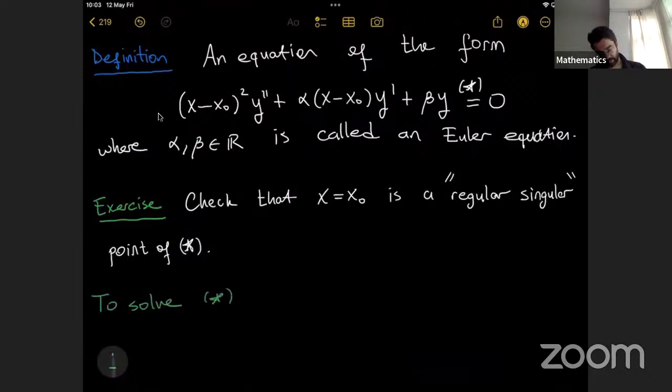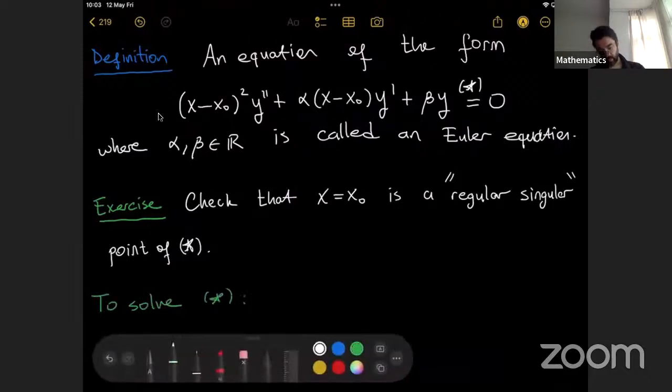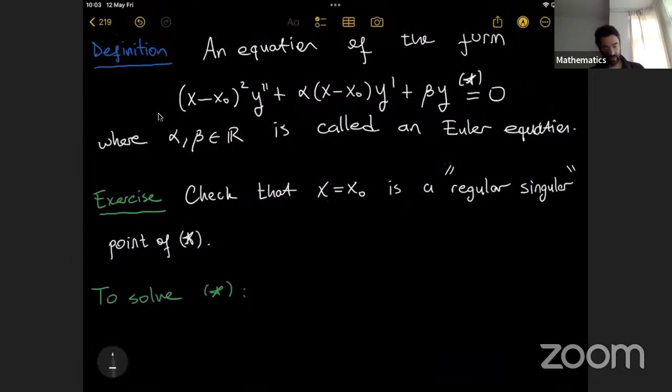The trick here is you will replace or substitute x minus x0 by e to the t. So t is the variable now. Instead of x, we will use t as a variable. Okay, independent variable will be t.